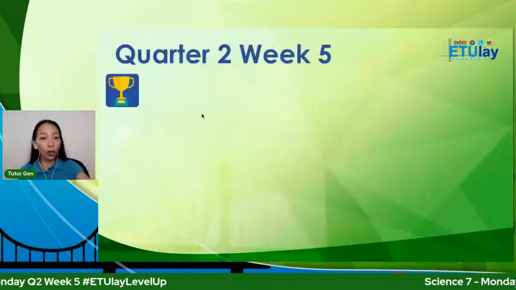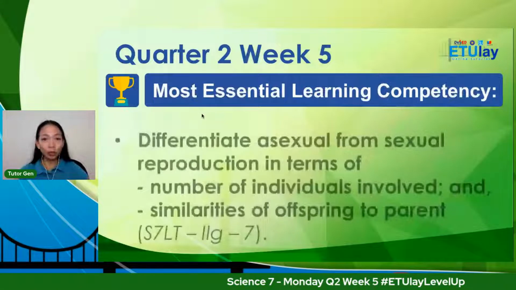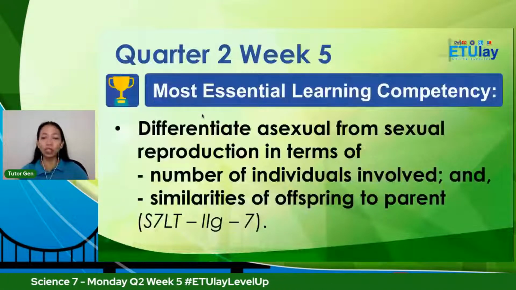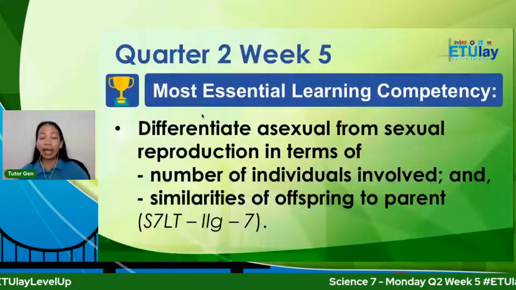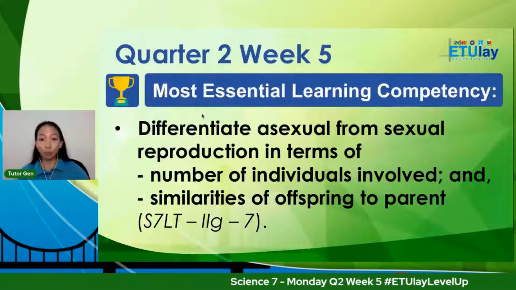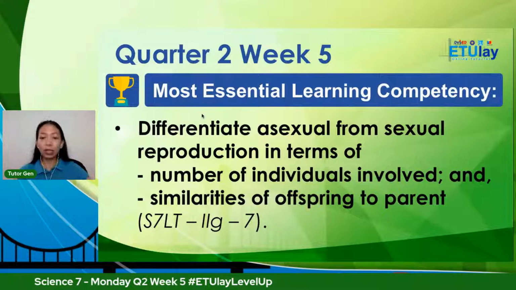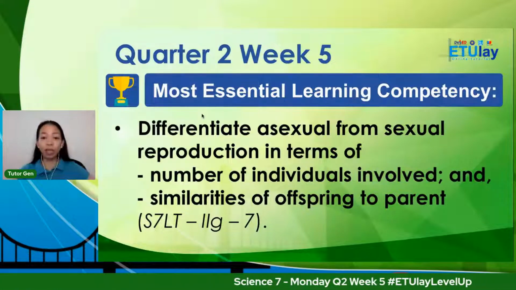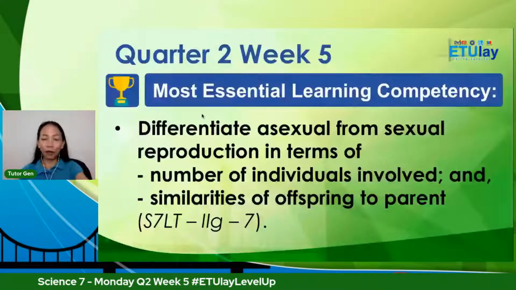So our most essential learning competency this afternoon is for you learners to differentiate asexual from sexual reproduction in terms of number of individuals involved and similarities of offspring to parent. Again, we will compare asexual and sexual reproduction in terms of the number of individuals involved and similarities of offspring to the parent. That's your MELC for this afternoon.